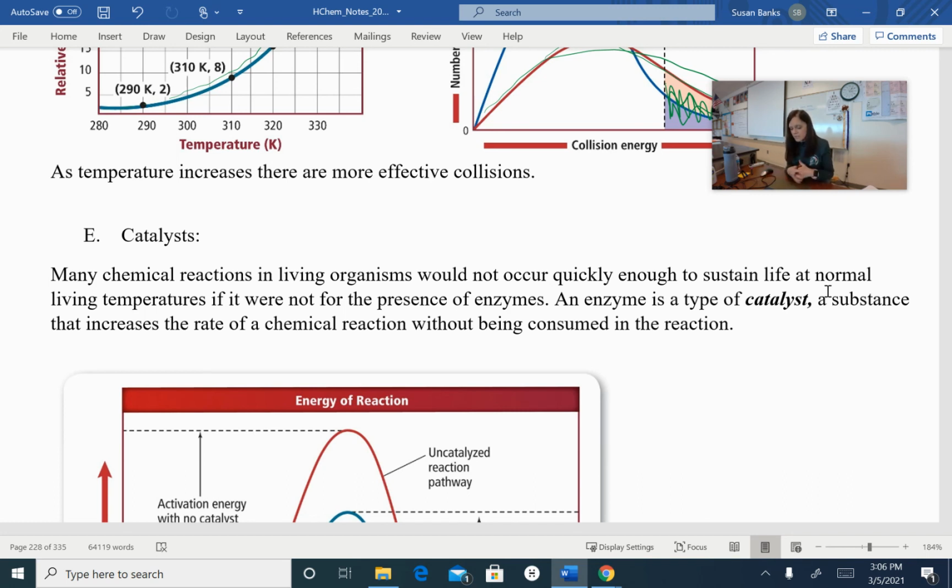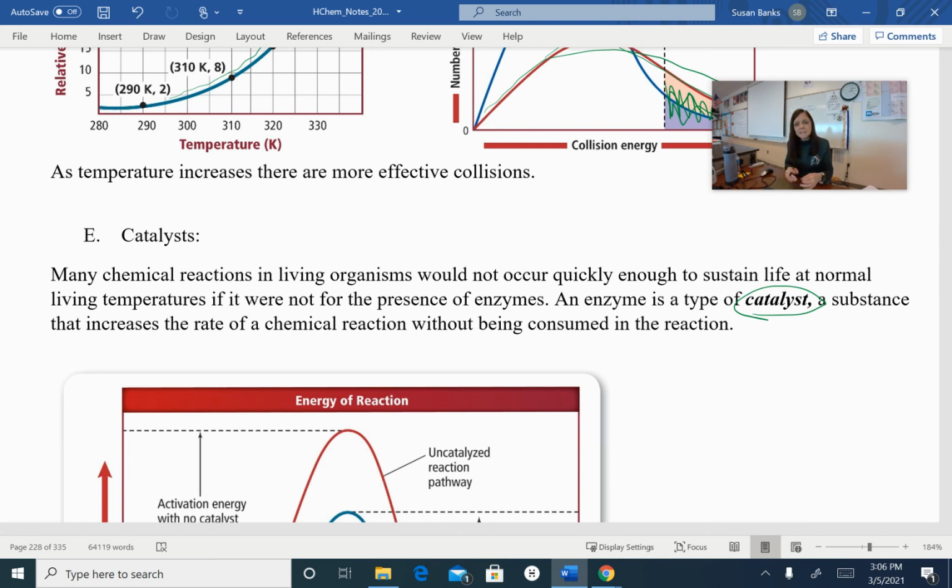Life would not happen without enzymes, okay? Enzymes are a type of catalyst. You've probably heard of catalysts before. Like we have catalytic converters on our cars that catalyze some of the waste products and make them a little less harmful once they come out of the tailpipe of our car.